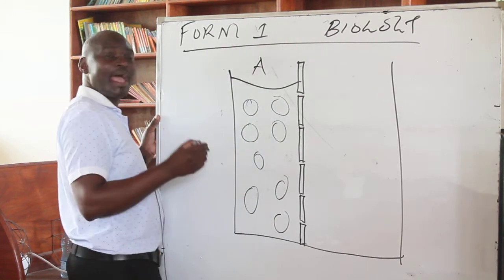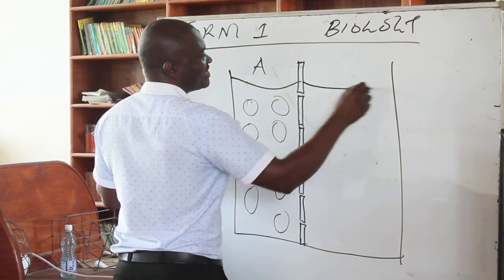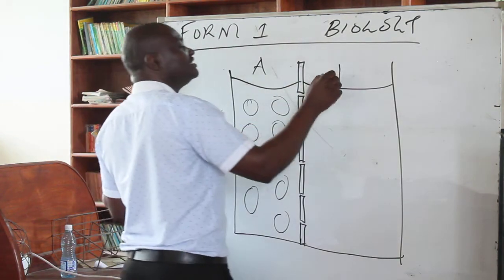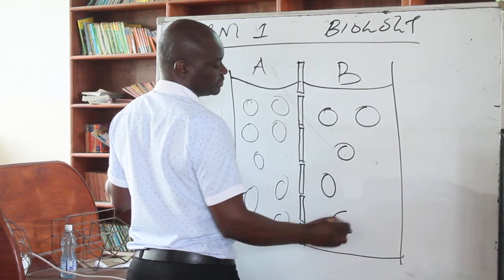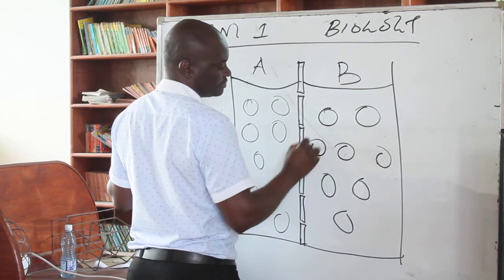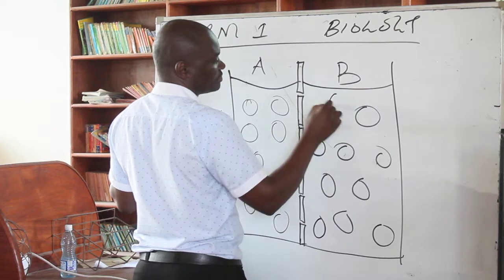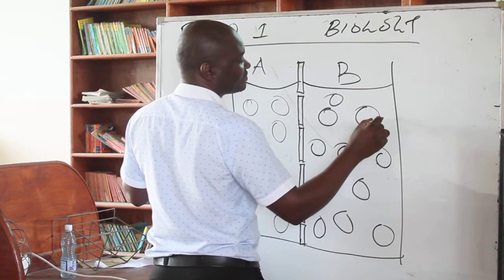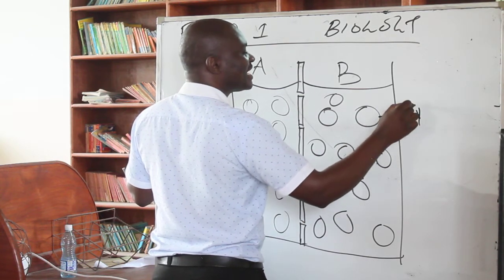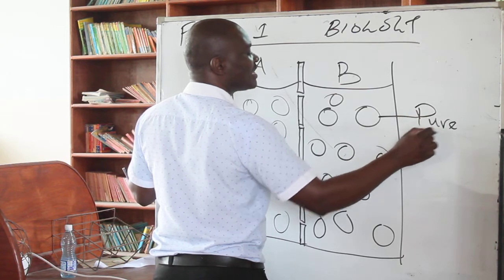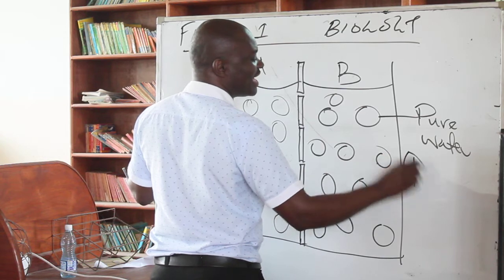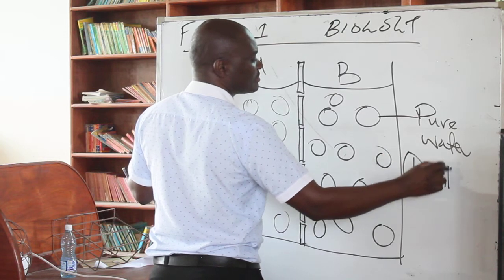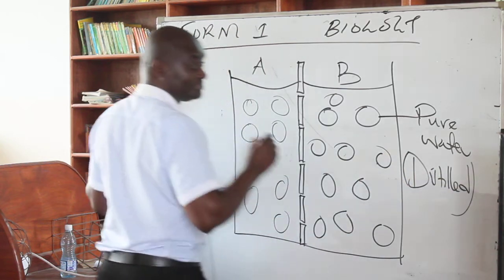This is solution A, and this is B. So this B is pure water, distilled water.